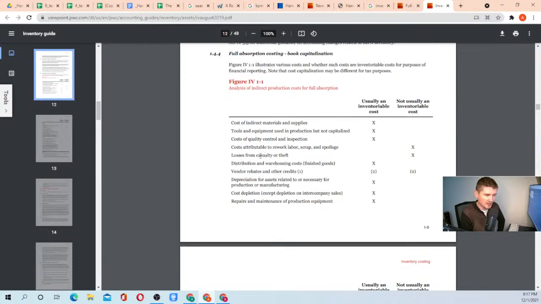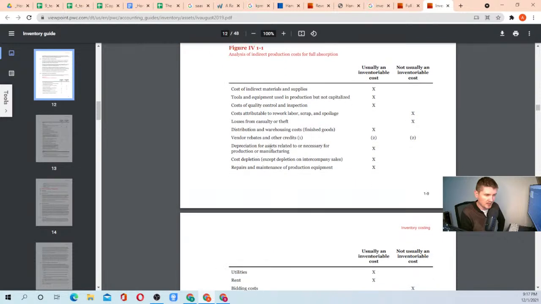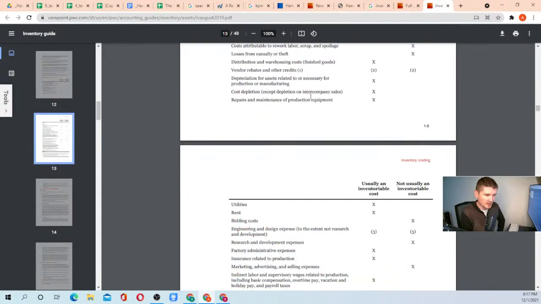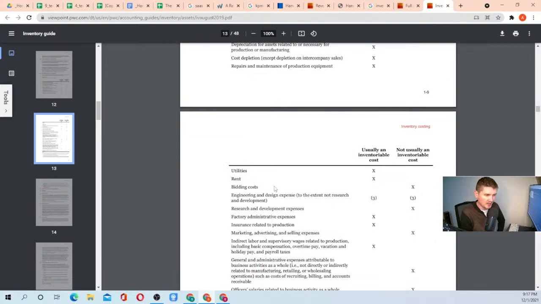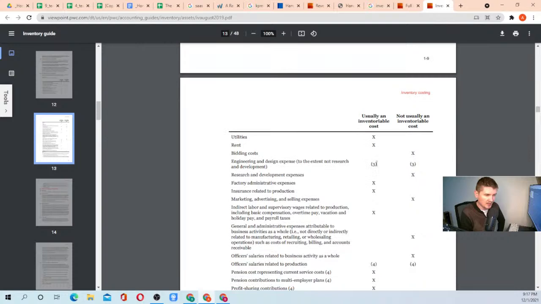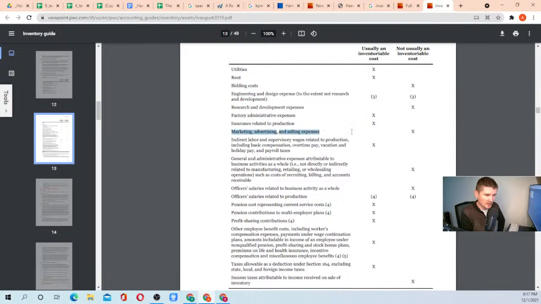Cost of quality, rework, scrap and theft not includable, vendor rebates, depreciation, repairs, maintenance, utilities, rent, bidding cost not included, engineering can be included, can be not included. Marketing, advertising and selling expenses, not usually inventoriable costs.